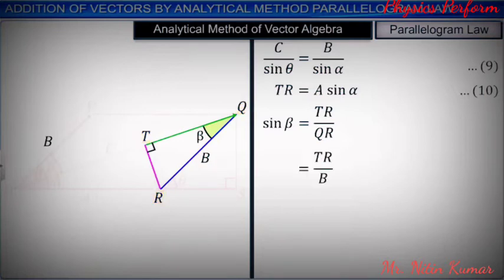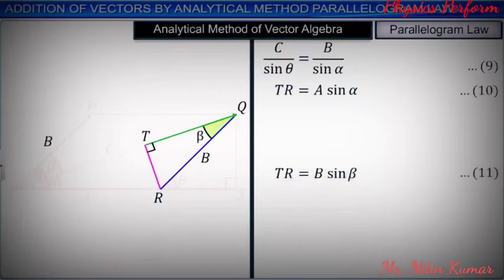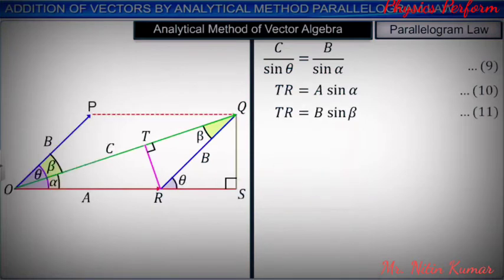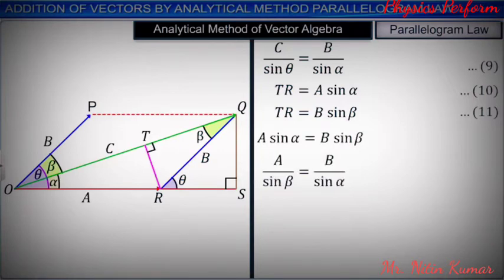Let this be equation 11. Equating 10 and 11, A sin alpha is equal to B sin beta. A by sin beta is equal to B by sin alpha. Let this be equation 12. From equations 9 and 12, we can write A by sin beta is equal to B by sin alpha is equal to C by sin theta. Let this be equation 13.